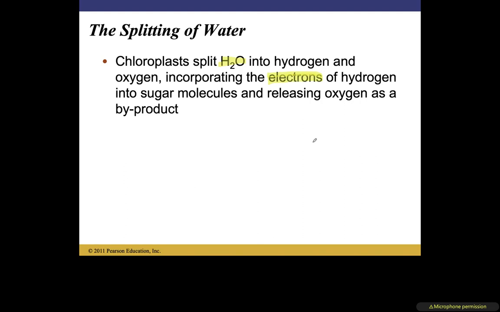And when those electrons become excited, they are going to have a high energy value and eventually end up in a sugar molecule. And then that sugar molecule will have a high energy value because of the excited high energy electrons. And the result, as I showed you, is the release of oxygen. So this is the premise of splitting water.